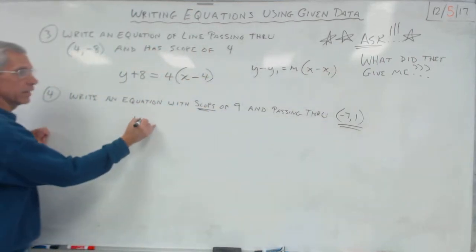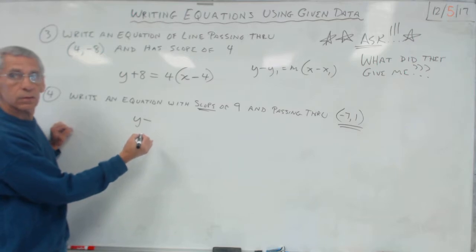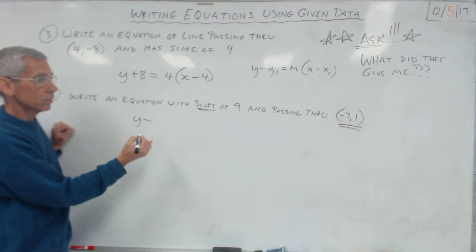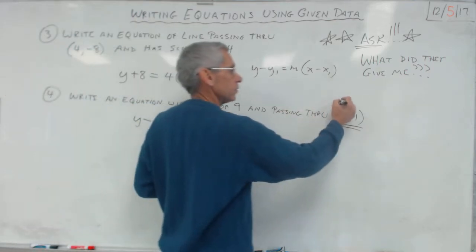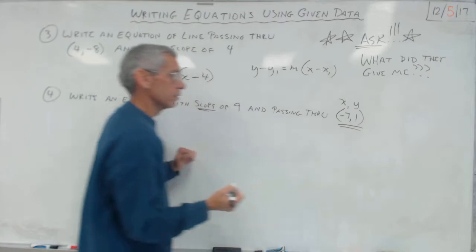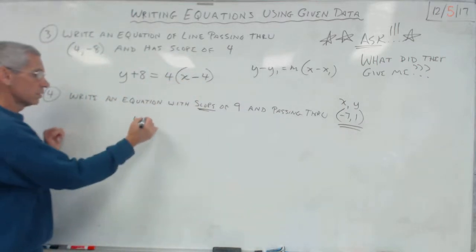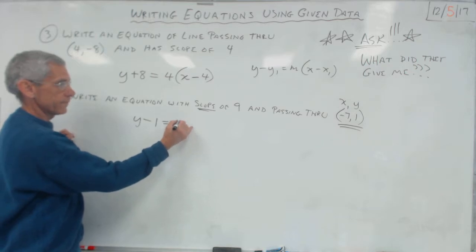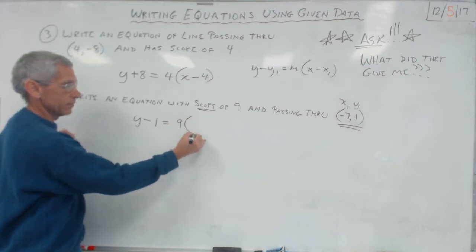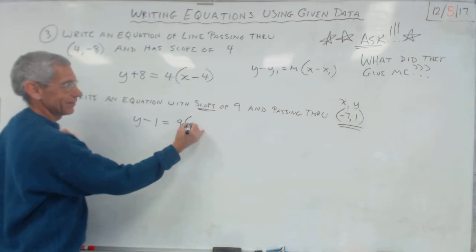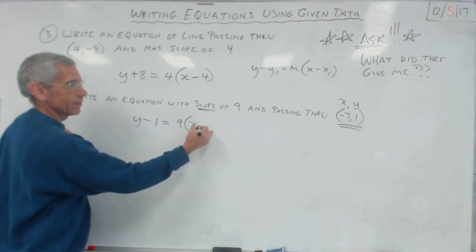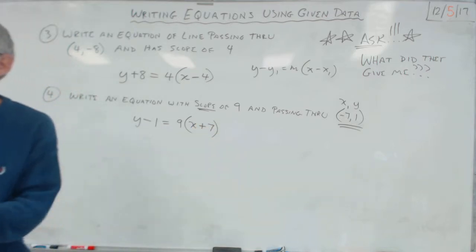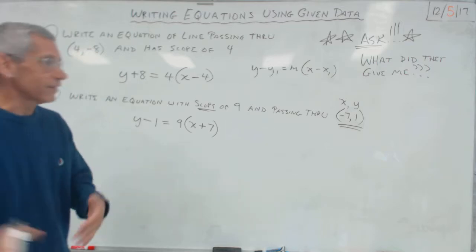Okay, y minus 1 is equal to 9 times x plus 7. You got it, exactly. Good job. Makes sense, right? You see it? Good.